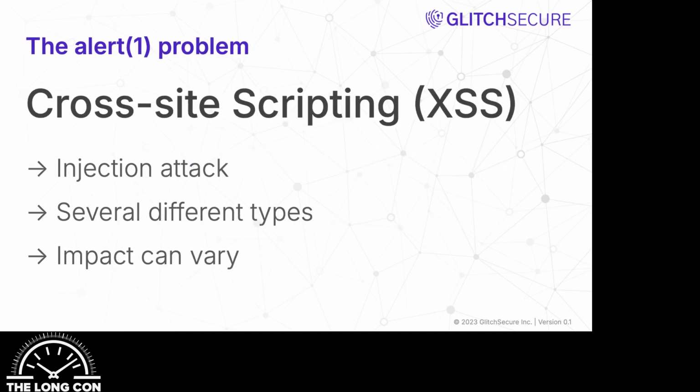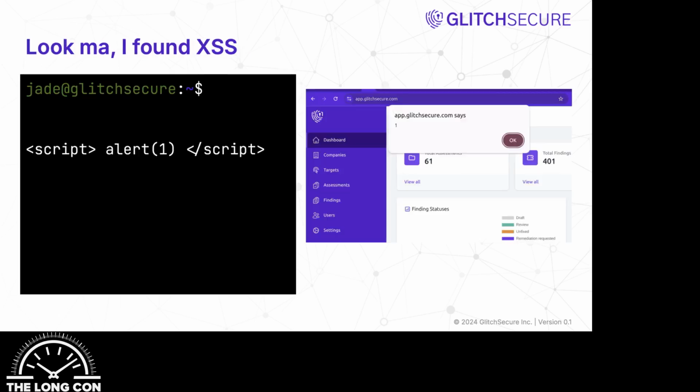So let's start with something simple, right? Cross-site scripting, we're all familiar. It's an injection type attack, several different types, whether it's reflected, stored, DOM-based XSS, etc. The impact can really vary on cross-site scripting, right? A lot of times you'll see a report and it's just something as simple as alert one. How many of you have gotten this vulnerability report before?